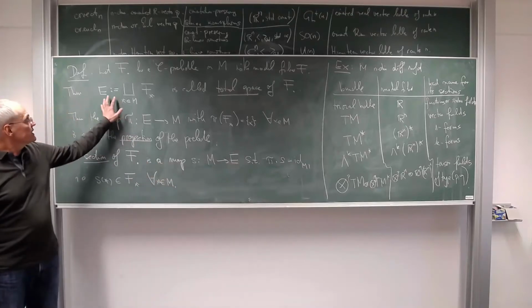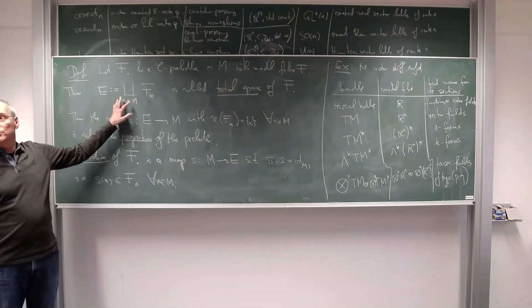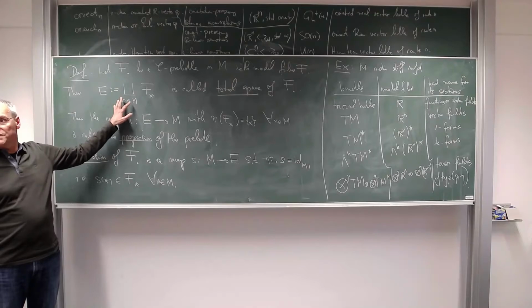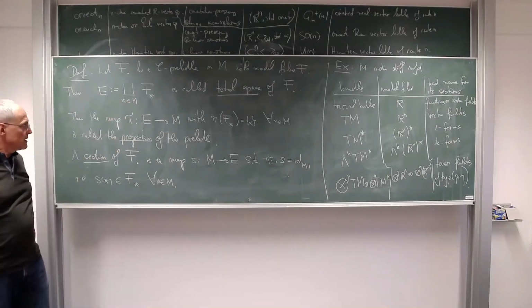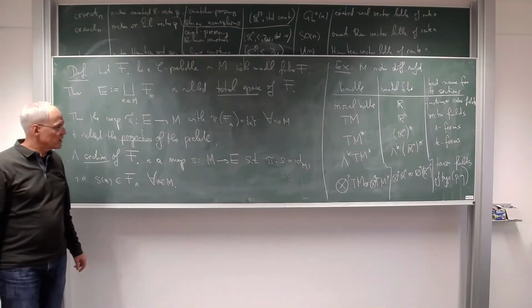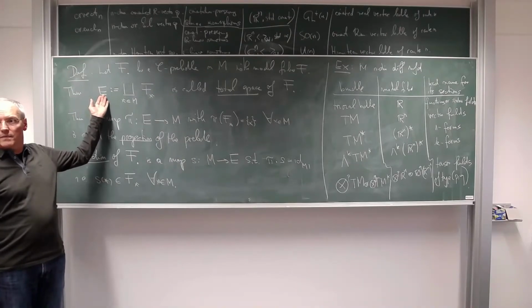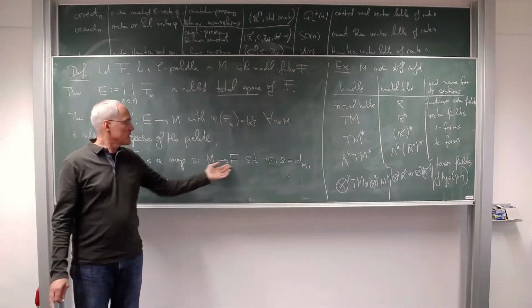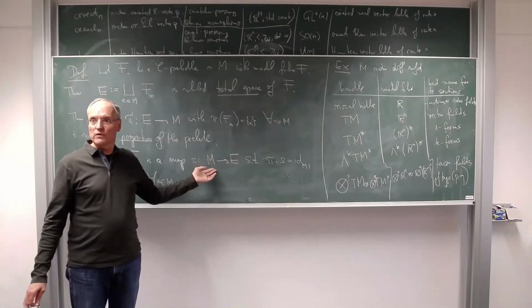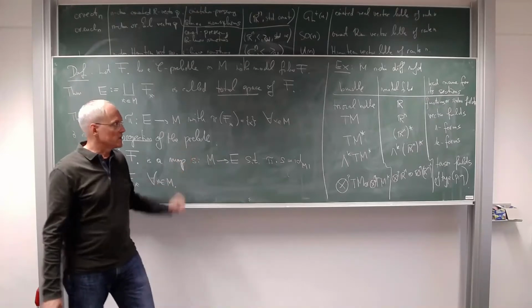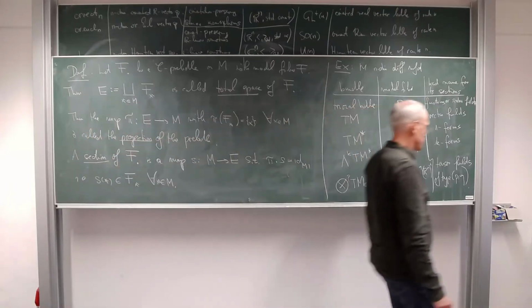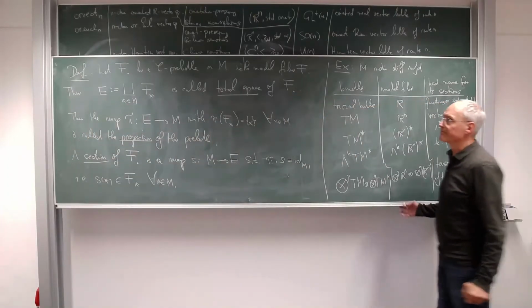This was just defined as this disjoint union of the F_x's. This is just a set so far, right? And I would like to turn this E into a manifold in a canonical manner, because then I know what it means that a section is smooth or continuous. So this will be the next step. That's what we want to do today.